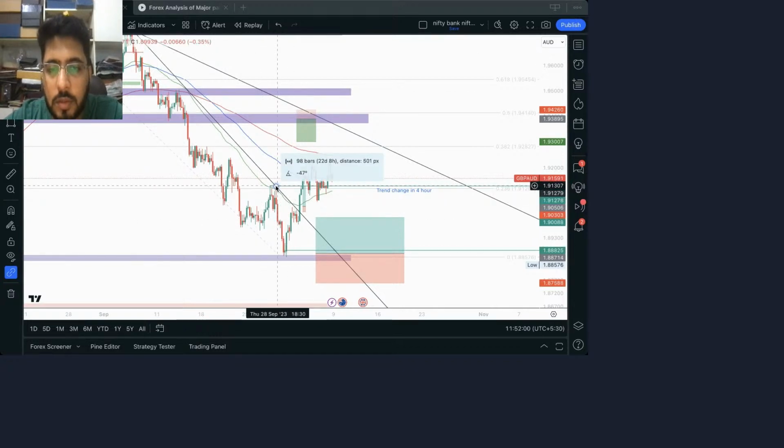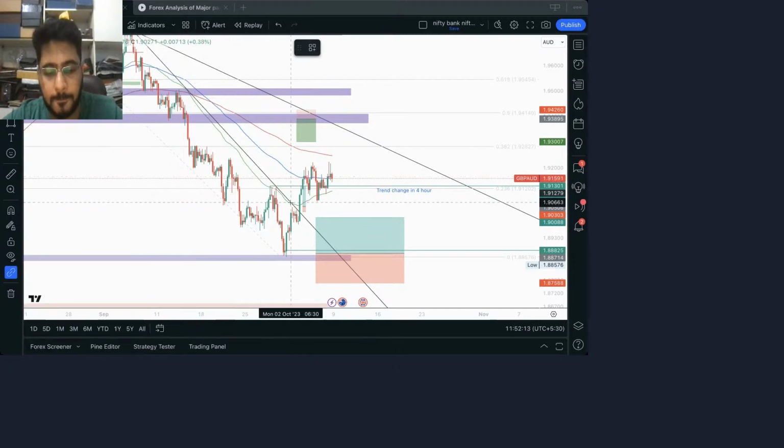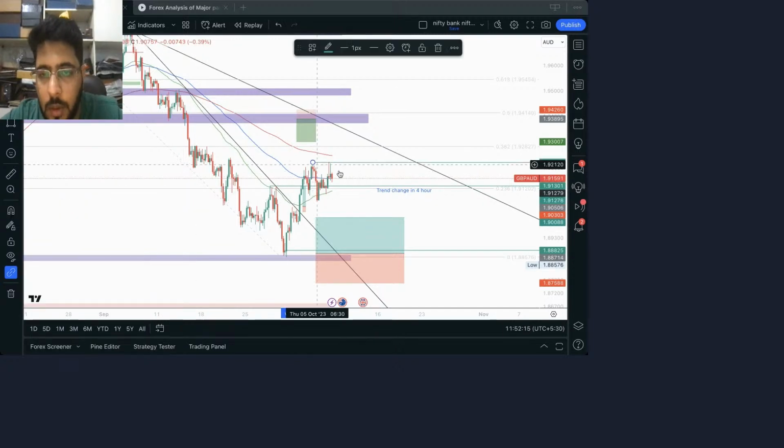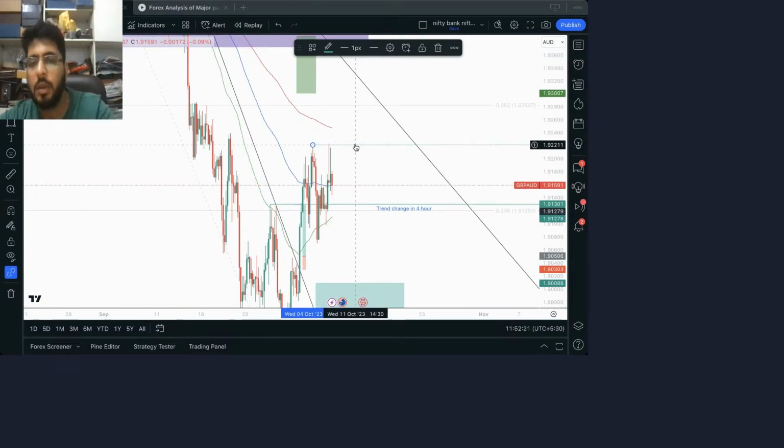It breaks this previous high, goes up, comes down, goes up, comes down, and it again breaks this previous high.